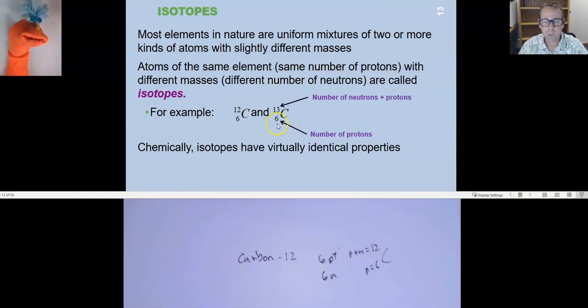But if you have the same number of protons and a different number of neutrons, those atoms are called isotopes. That's what we call elements that have atoms that have the same number of protons but different numbers of neutrons. They're chemically very similar, but they do have slightly different properties.